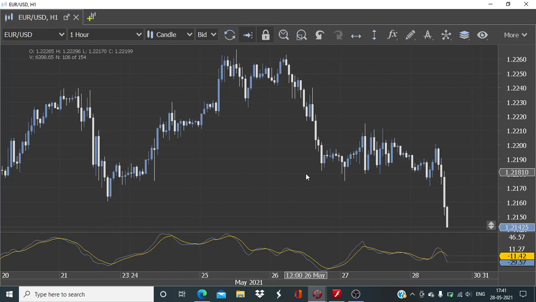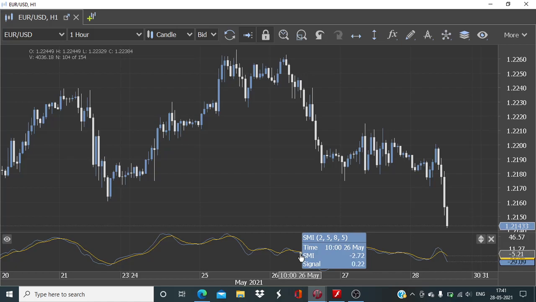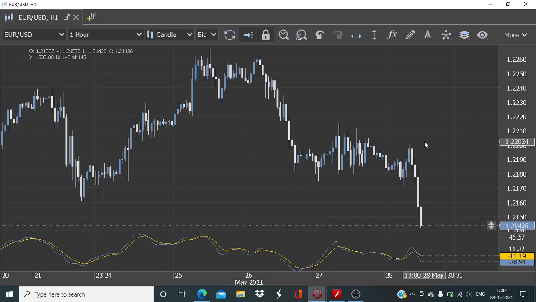And when we have the SMI and the signal value below 0 and the crossover happens afresh, we see the SMI dipping below the signal line. That will be the time to look to initiate the new sell trade. So that's going to be the logic behind the algorithmic setup which we are going to define for this session.